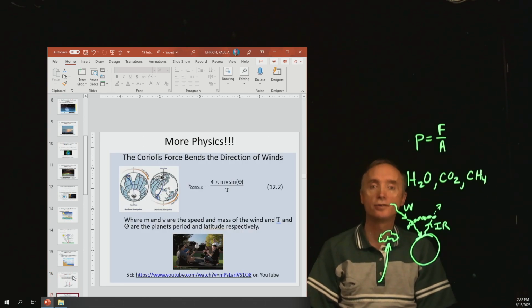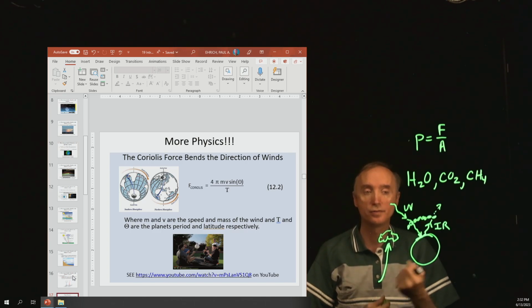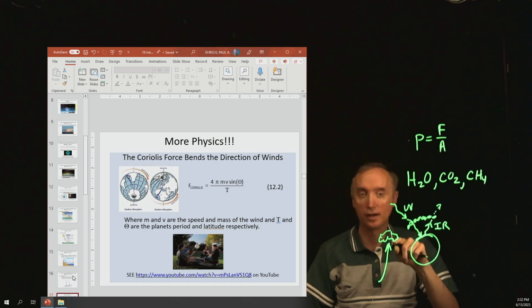Okay, you need to understand the Coriolis effect. You don't need to know the formula for the exam, but you need to know that a wind system tends to be pulled to the right in the northern hemisphere by the Coriolis effect.